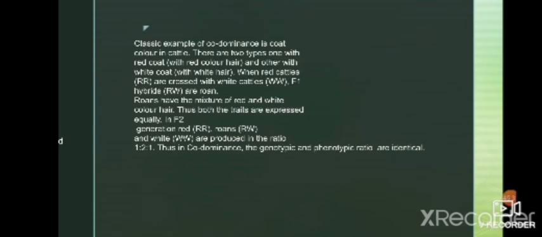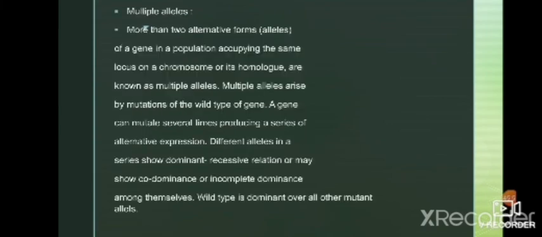In the F2 generation, red, capital R capital R, roans, capital R capital W, and white, capital W capital W, are produced in the ratio 1 as to 2 as to 1. Thus, in codominance, the genotypic and phenotypic ratios are identical.